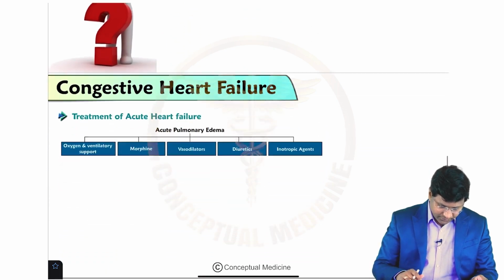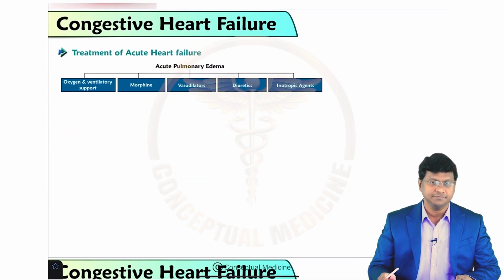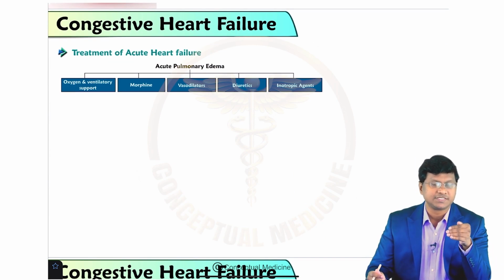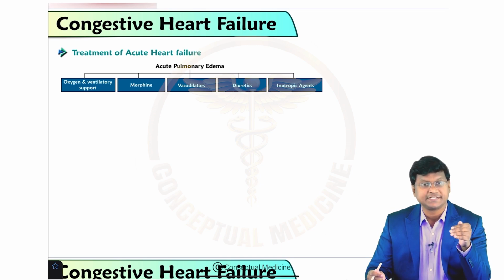First and foremost important is oxygen supplementation. Maintaining the oxygen saturation within normal limits is important to maintain oxygen delivery to the tissues.